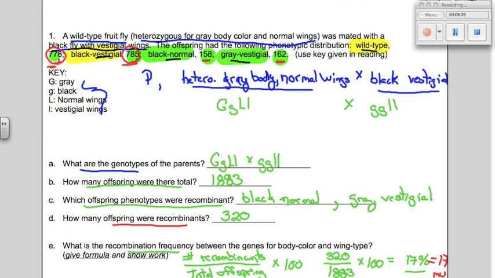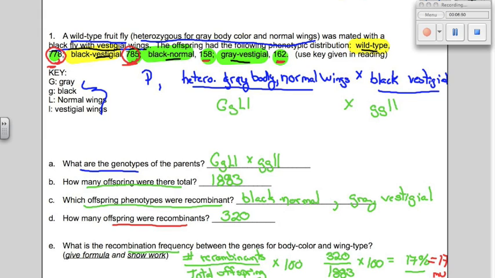That tells us the actual physical distance on the chromosome between the genes for body color and wings. Then as we start to accumulate more and more information, we can start to map each of the individual genes found on this chromosome that may also be linked with the body color and the wing type.